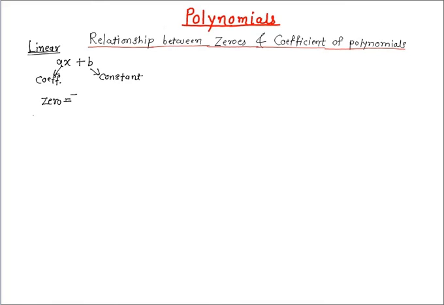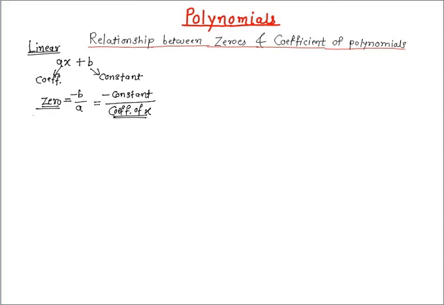It is minus b by a, which we can write as minus of constant divided by coefficient of x, since b is the constant and a is the coefficient. Here, if you see this relation, we can clearly see there is a relation between the zero and the coefficient of x. So this is about linear polynomial.